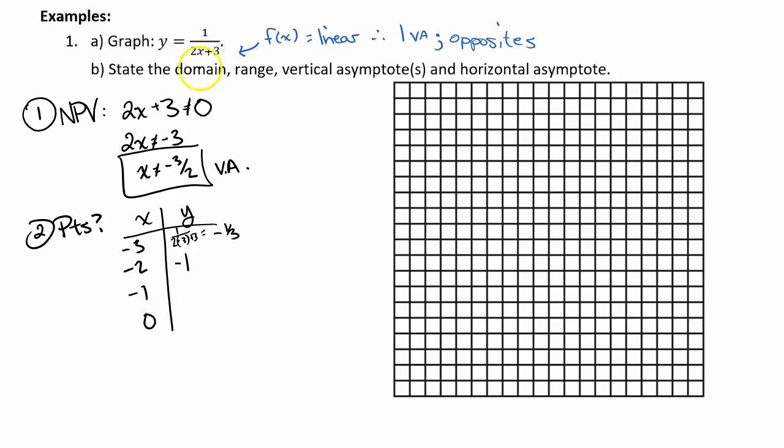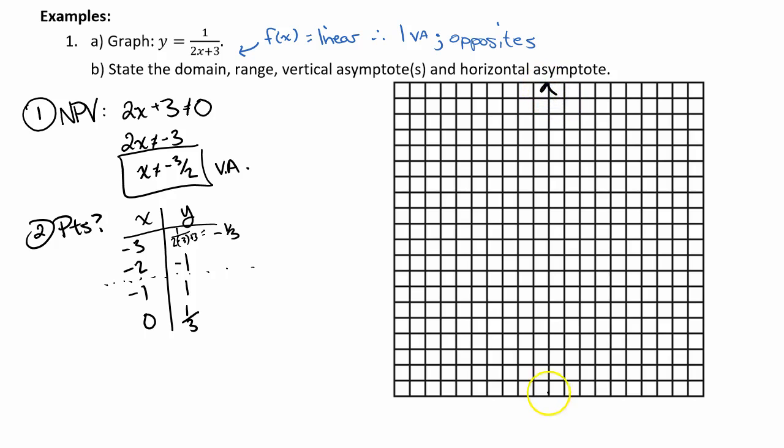Alternately, 2 times negative 1 is negative 2 plus 3 is positive 1. And 0, plugging it in here, 2x becomes 0, so it's just going to be 1/3. So again, we see that opposite signs, but otherwise it is still symmetrical.